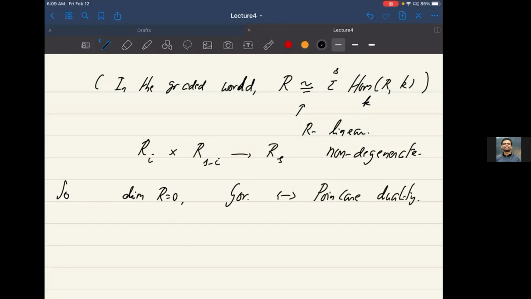The ring is Gorenstein if and only if it has Poincaré duality. So in this sense, you might think of a general Gorenstein ring as a higher dimensional analog of a Poincaré duality algebra.